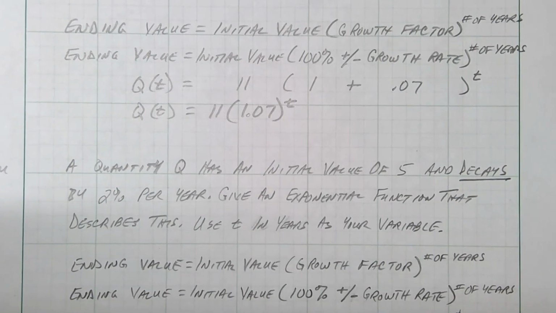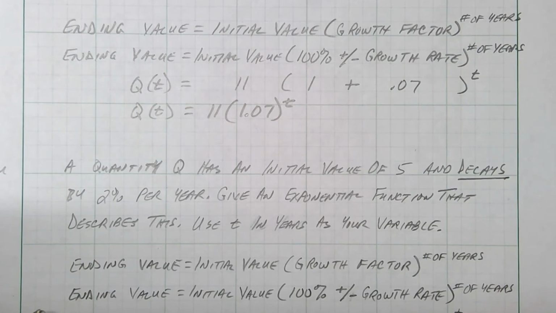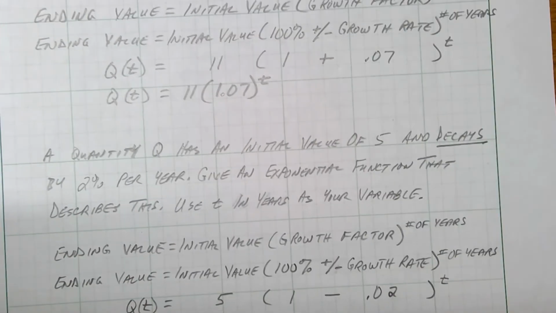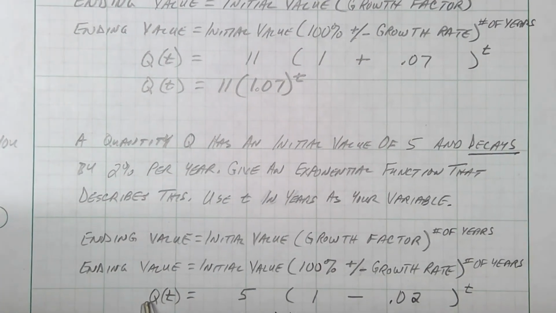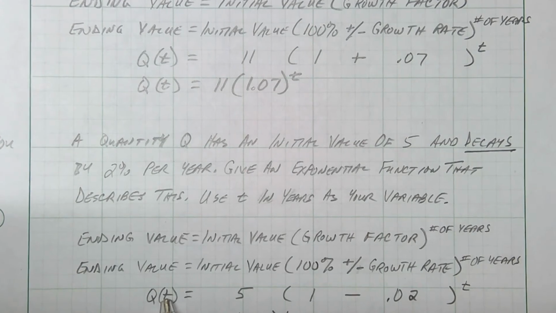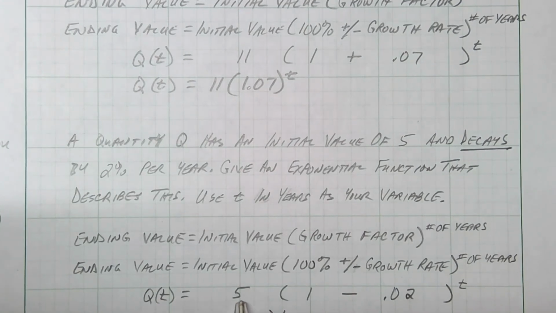All right, hopefully you paused. Another way of looking at it is what you end up with is what you started with times 100% plus or minus the growth rate. It depends on whether it's growing, that's plus, or decaying, that's minus, raised to the number of years you leave it in there. All right, so our ending value, our quantity in terms of how much time has gone by, is what we started with, 5.